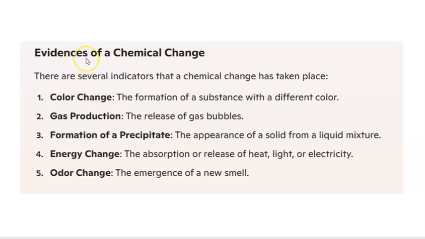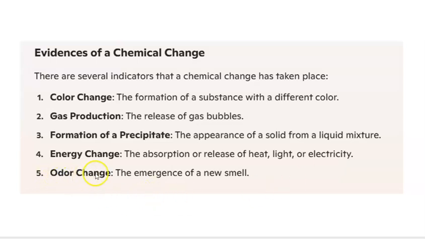The evidence that you are in front of a chemical change? How do you know? Well, if there is a color change, if there is a gas production, if there is a precipitate that is produced, if there is a change in energy, so you touch the vessel and you feel it hot or cold, this change of energy that can be heat, light, or electricity is also a demonstration that we are in front of a chemical reaction.